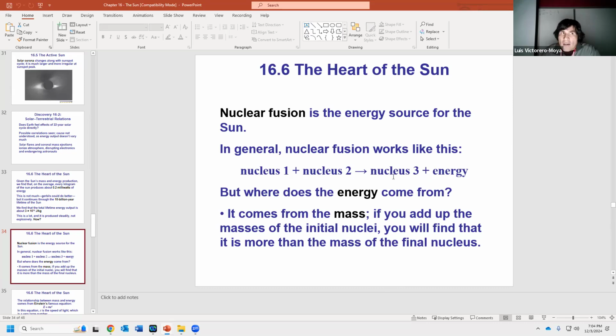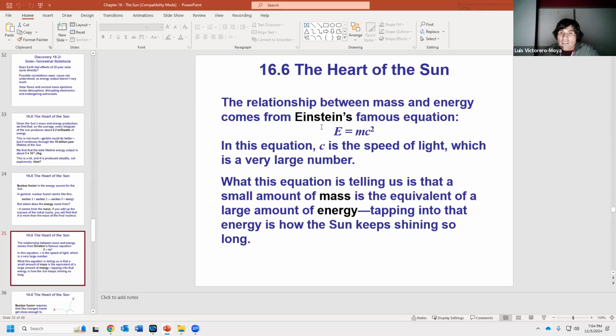Okay, that's Einstein's equation, right? E equals mc squared. So that's basically what happens. The mass is actually conserved. It's just that some of the mass becomes energy. That's the energy mass relationship. There it is.